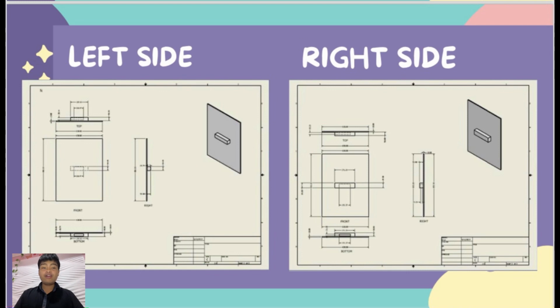While the front view is the same. The base for the up and down is equal to 630 millimeters with the height of 850 millimeters for the left and the right.